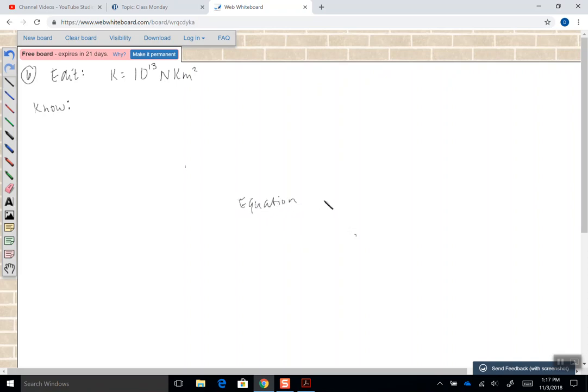So I'm given the equation that F is equal to K over R squared. All right, and then this tells me that the constant K is equal to 10 to the 13th Newton kilometers per second. So this is a constant.